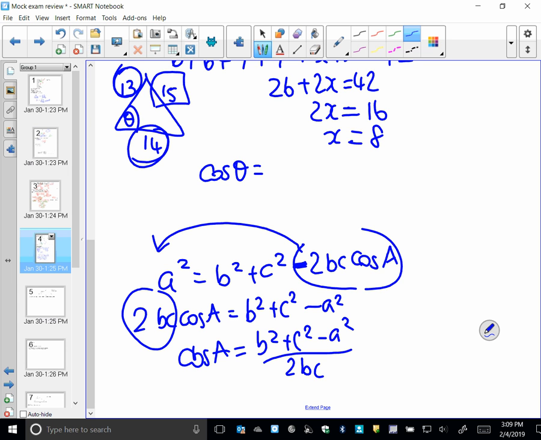This is your A. Chuck it in, and don't forget to do the cos to the minus 1 bit. Because you actually need to find the angle, not cos of the angle. When you want to take the cos away, you have to do inverse cos. Because that enables you to find cos of theta, but you need to know theta, so you have to do the inverse cos. Remember the button above that shifts cos?